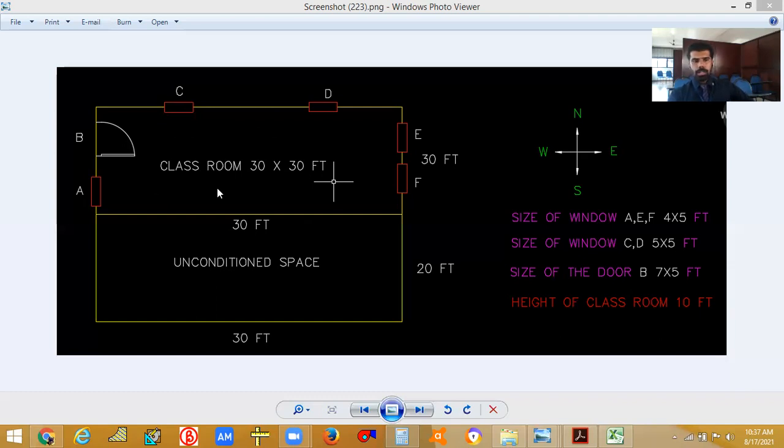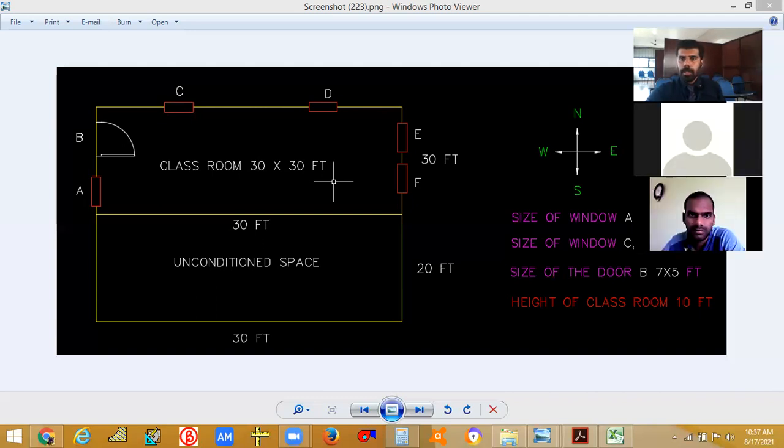So do one thing, draw this. Do not skip any of these things. I need this orientation, and I want the size of the windows also and the height of the room. All these values are important. So this is normally a sheet, an Excel sheet, or you will be having a normal sheet also.